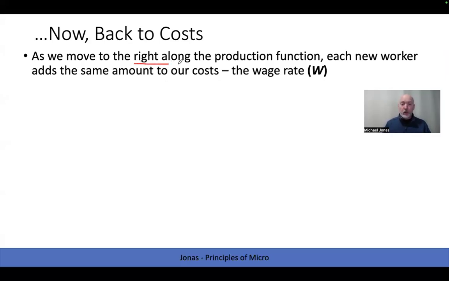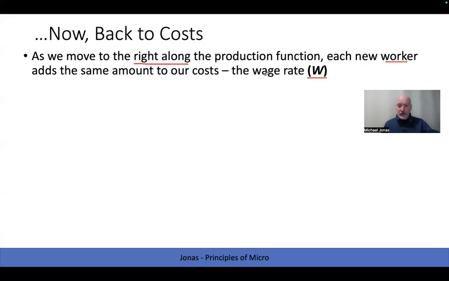As we're moving along that production function from left to right, output is increasing because you're hiring more workers. Well, again, each worker is adding to our total cost, right? Each worker is being paid some wage rate, in our pizza example, $20 per hour per worker.